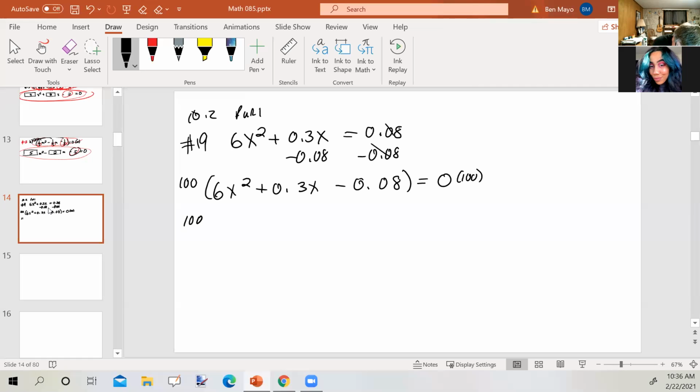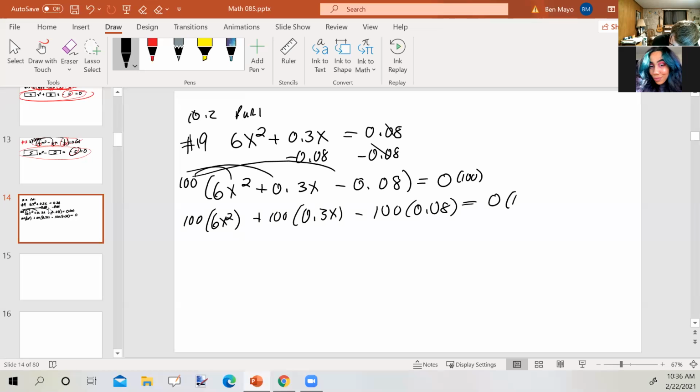So I've got 100 times 6x squared plus 100 times 0.3x minus 100 times 0.08 equals 0 times 100.